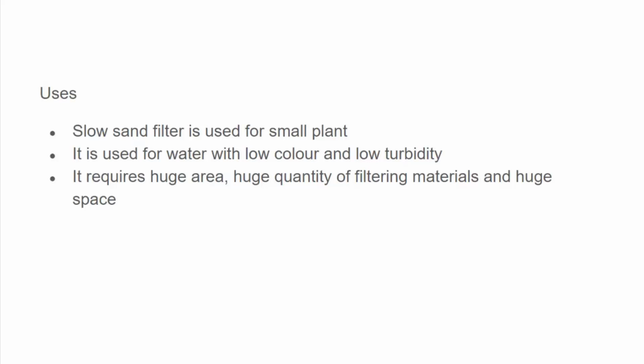For the continuous operation of a water treatment system, we have to provide a standby filter tank also. So it requires a huge space for constructing this filtration tank. This is the major disadvantage of slow sand filter. This is the working, cleaning and uses of slow sand filter.